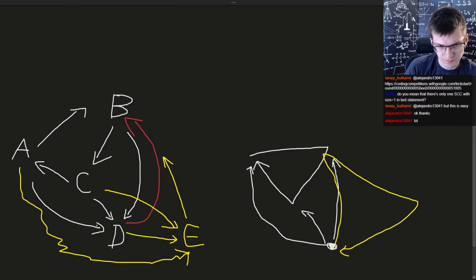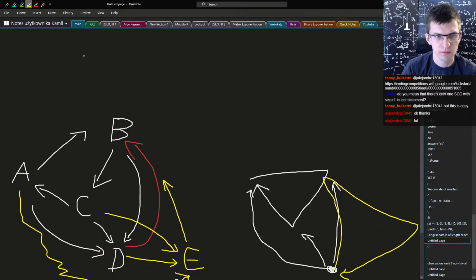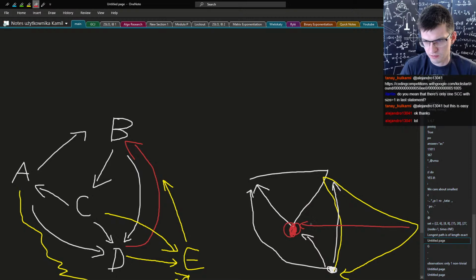Well, from the yellow triangle we cannot have edges to this guy, which implies that if this edge goes like that, then this vertex is but vertex D. From the yellow triangle, this edge must be like that, because that was a cycle.